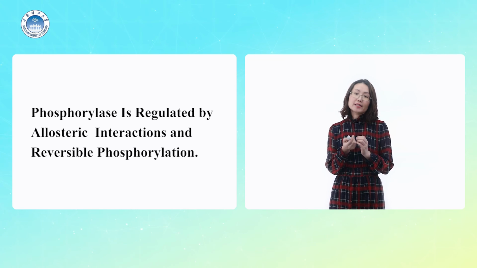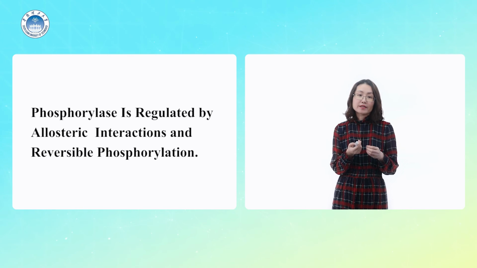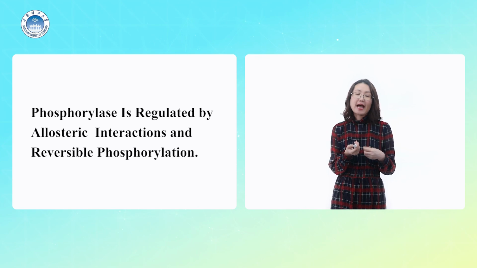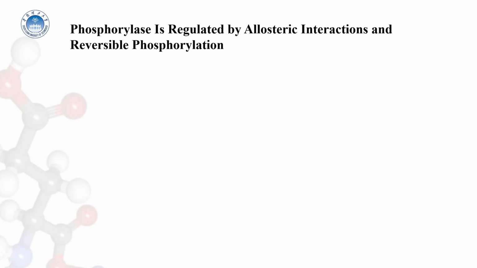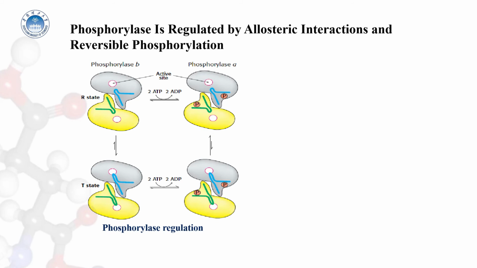Phosphorylase is regulated by allosteric interactions and reversible phosphorylation. We will examine the differences in the control of two isozymic forms of glycogen phosphorylase, one specific for liver and one specific for skeletal muscle.